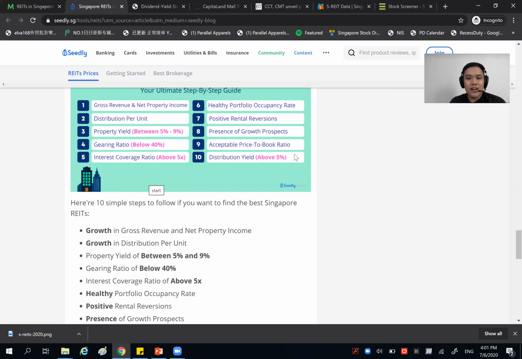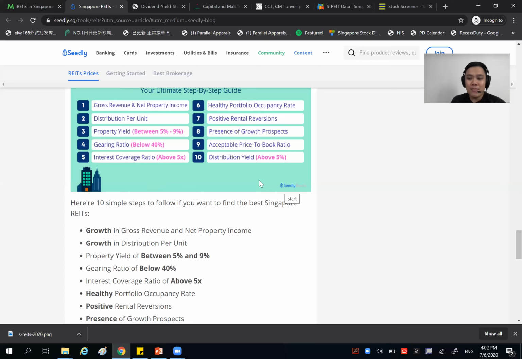Okay, next will be the presence of growth prospects. Look at what plans the company has in the near term to expand the REIT, and whether these are sustainable. Next will be price to book ratio. Now, price to book ratio is driven by the current price of the REIT divided by the assets that it currently has. So anything trading at a price to book ratio of 1 means that the share price is fairly valued.